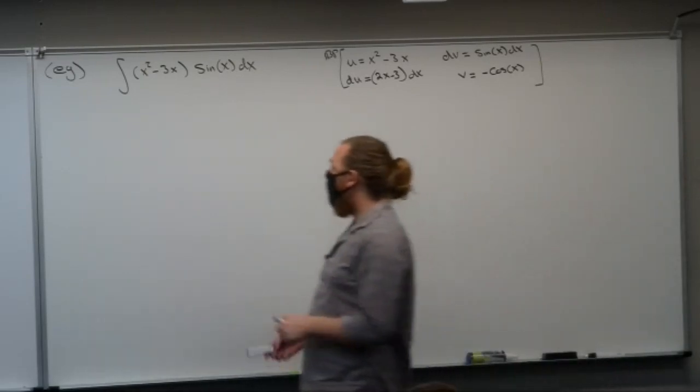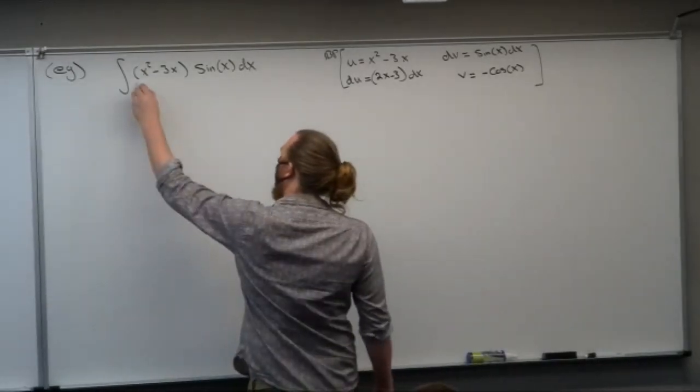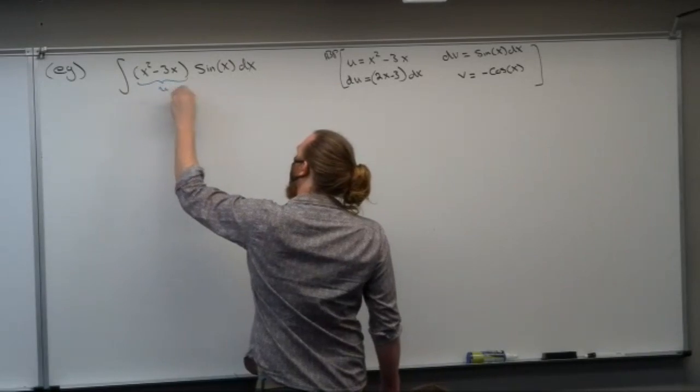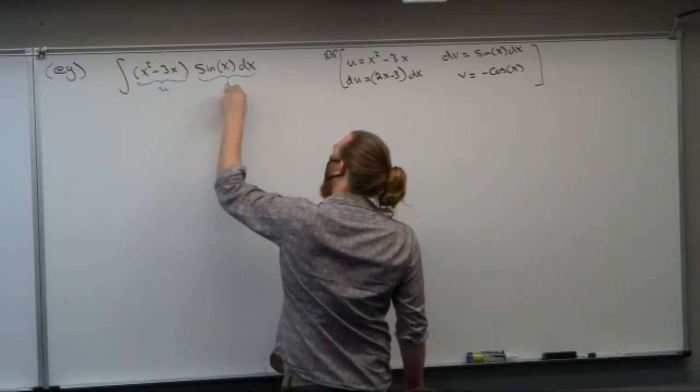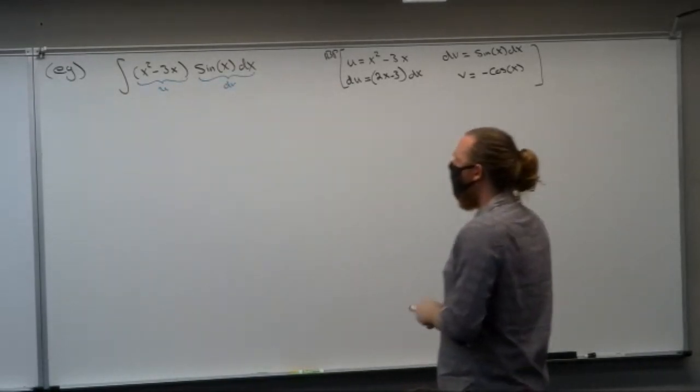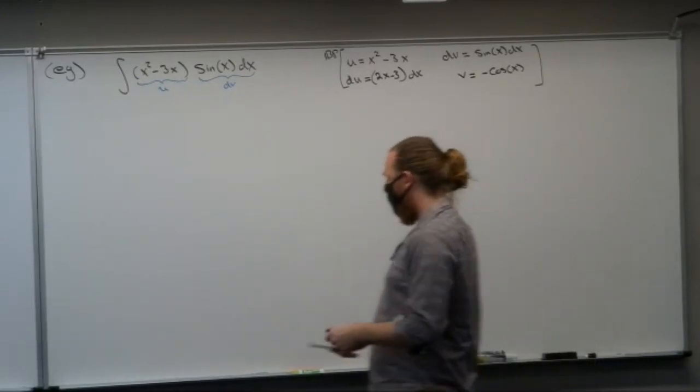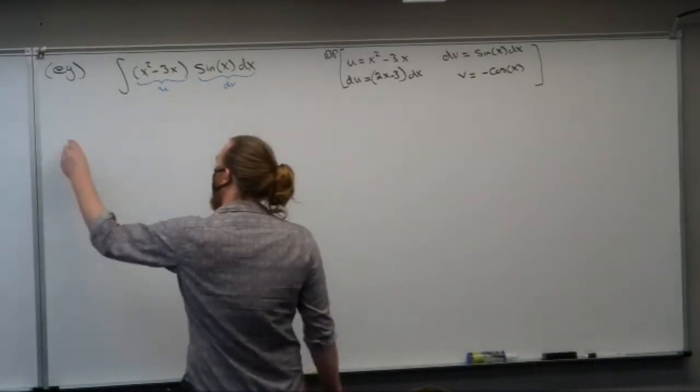Now, my integral, which was like this, should be equal to uv minus the integral of v du.